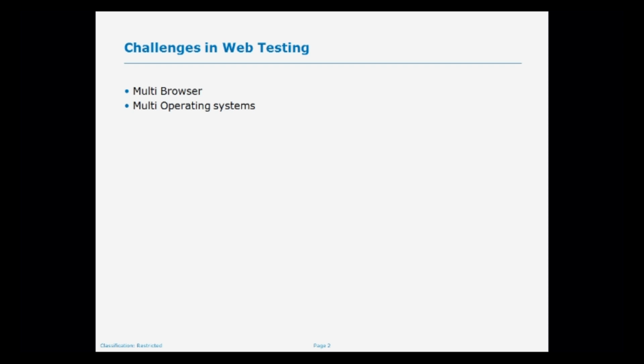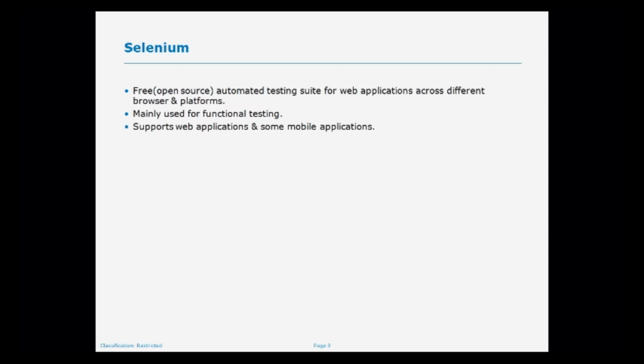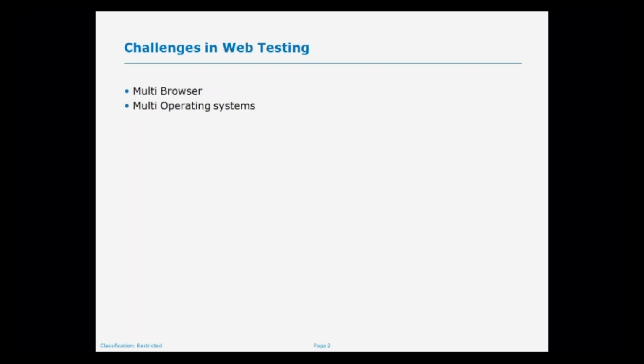So when you are using an automation tool, it is the major criteria that we have to take into consideration. Selenium is going to give an opportunity to work with multiple browsers and multiple operating systems.